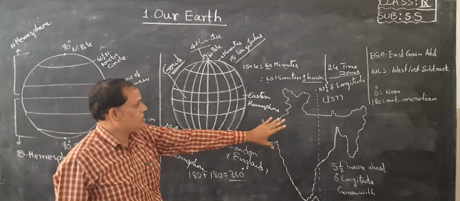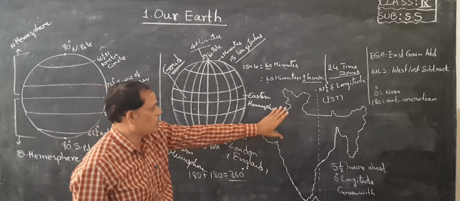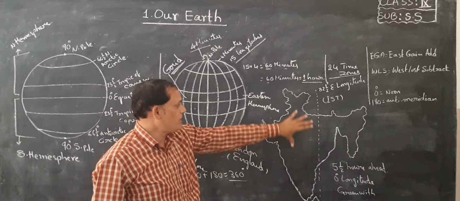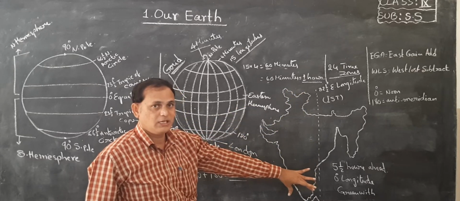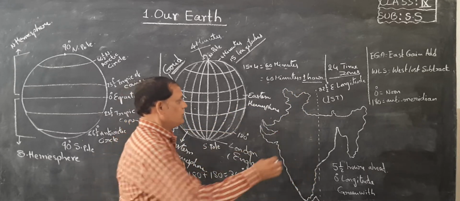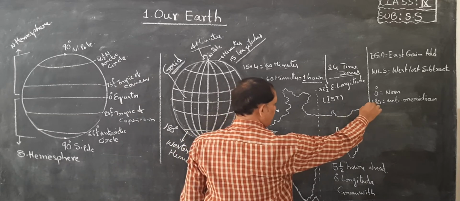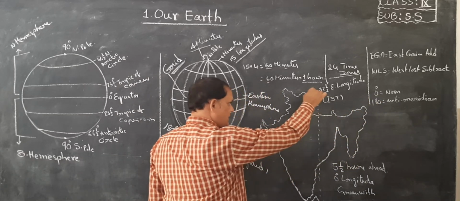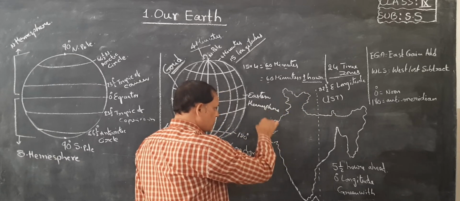Now, children, what about our India position? Look at our country India, how many longitudes are passing? If you calculate from here, 1, 2, 3, 4, 5 like this, 30 longitudes are passing.